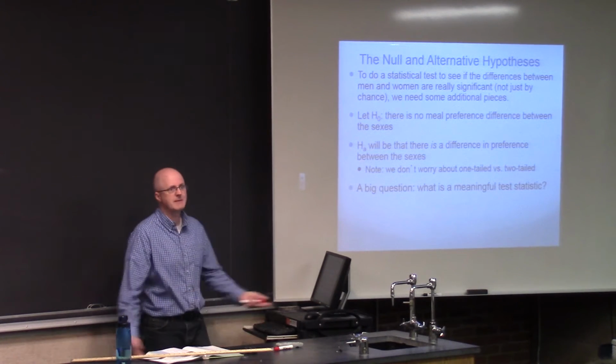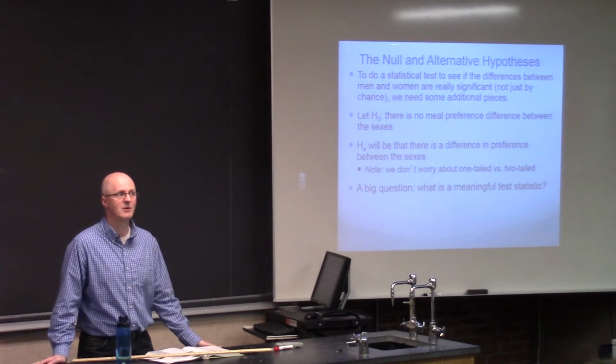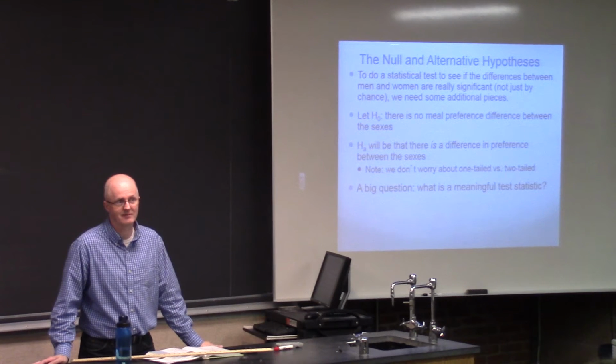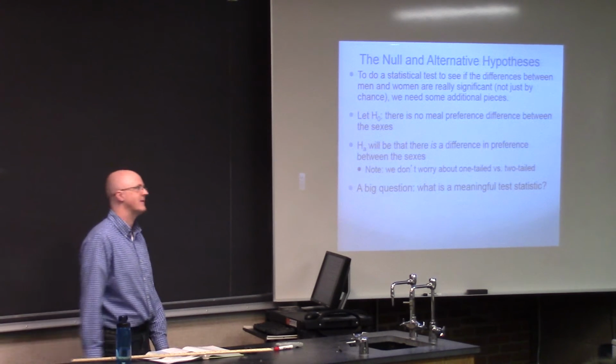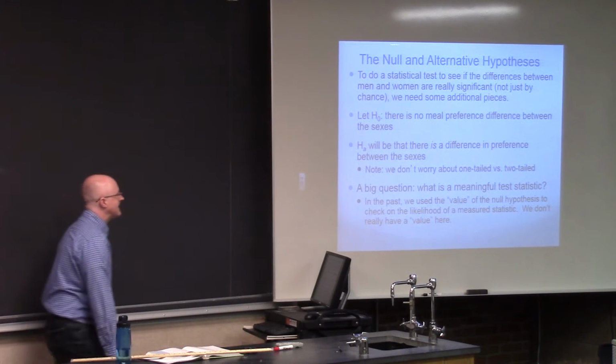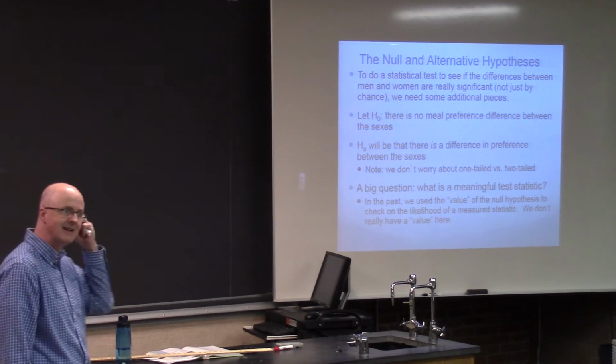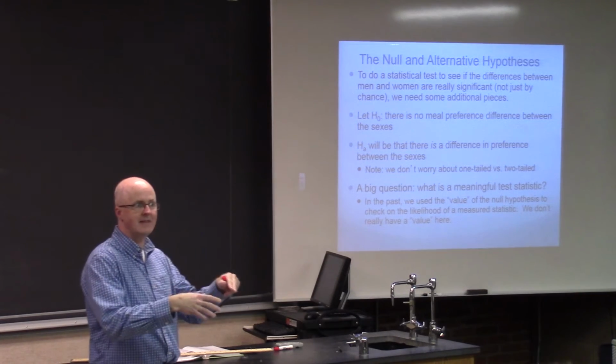Here's the big question, though. What's a meaningful test statistic? Is it Z? T? Well, it's neither of those. It's called chi-square. Kind of a strange name, but that's what it's called. In the past, to calculate the test statistic, we often used the value of the null hypothesis. Right? Whether we were calculating Z or T, we were computing x bar or p hat, a mean or a proportion, and then using that, we were subtracting the null value typically, and then dividing by a standard error.